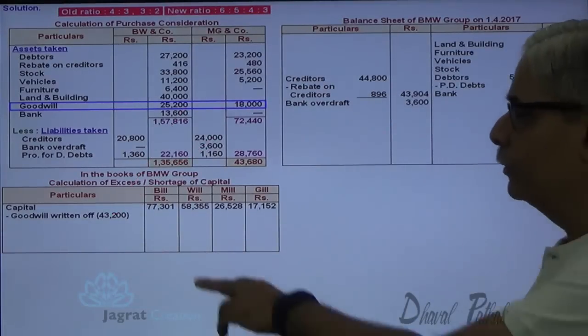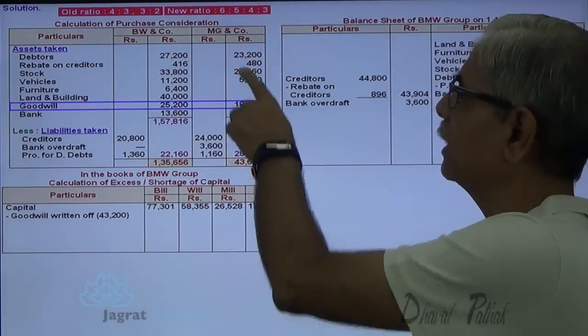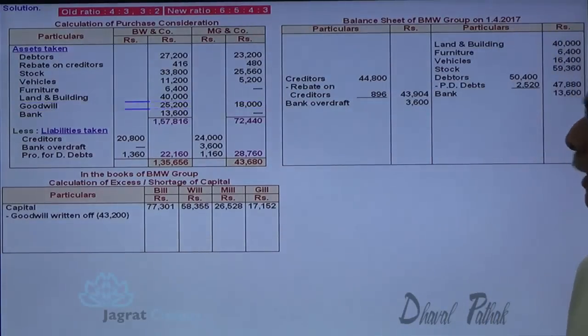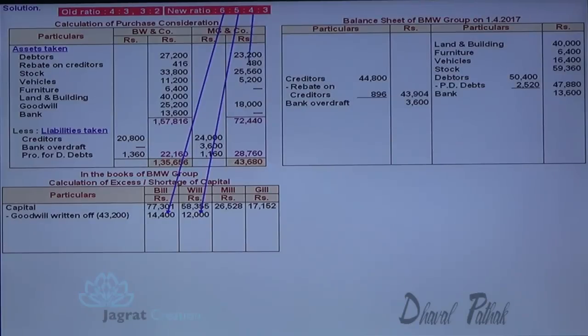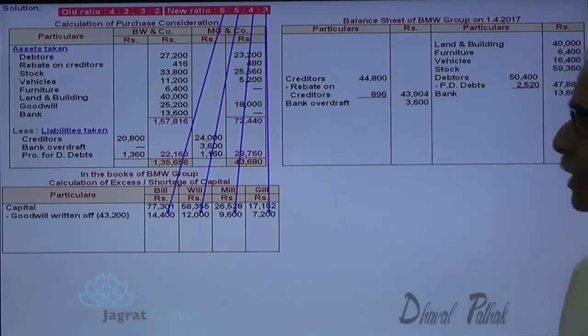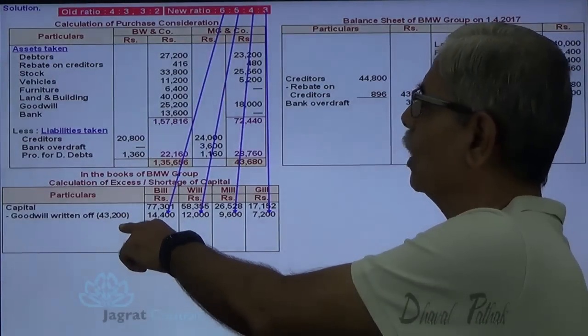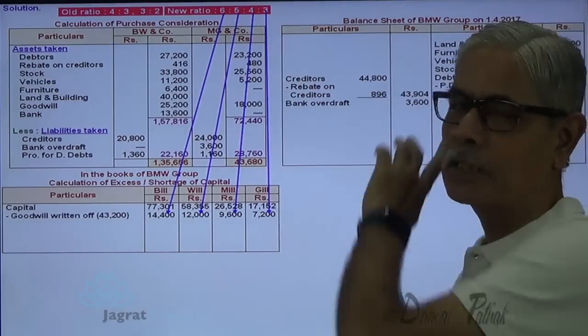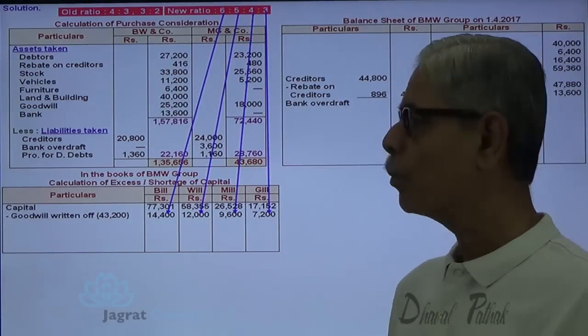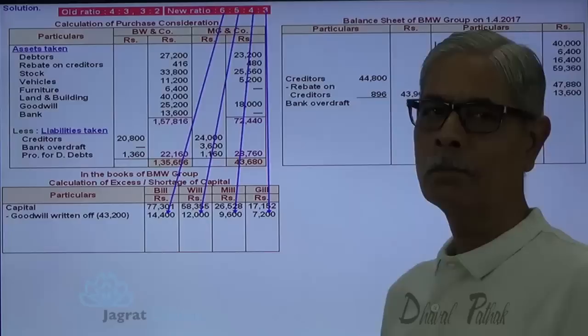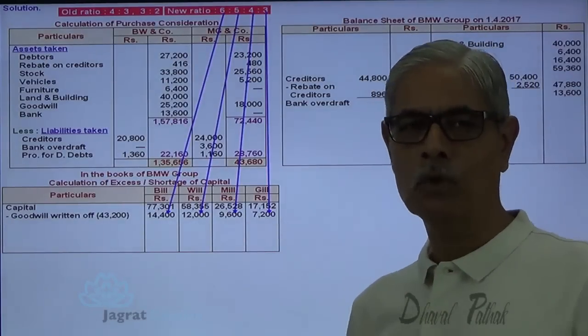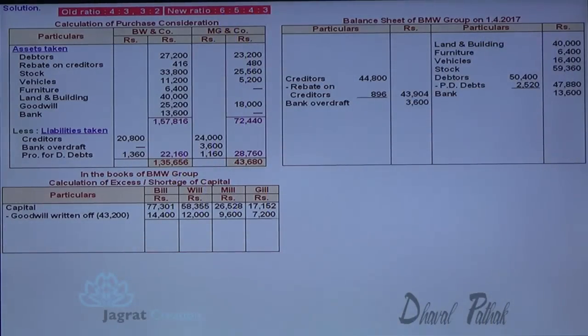So if you write off 43,200 in the ratio of 6:5:4:3, you will find the distribution 14,400, 12,000, 9,600, 7,200. So 43,200 is distributed in the ratio of 6:5:4:3. So this is the goodwill written off in the books of new firm. So this is the balance of capital account after writing off of goodwill.